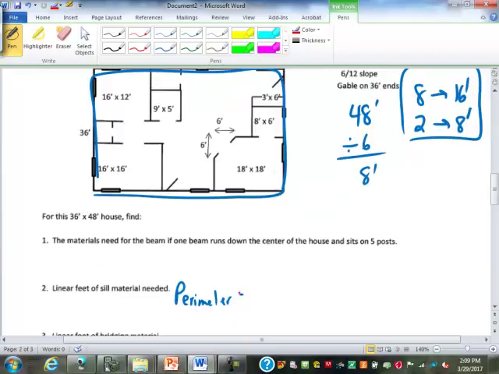Add up the sides, perfect. So 48 plus 36 plus 48 plus 36. So that's what, 168 feet. So we need 168 feet of sills to finish that off.